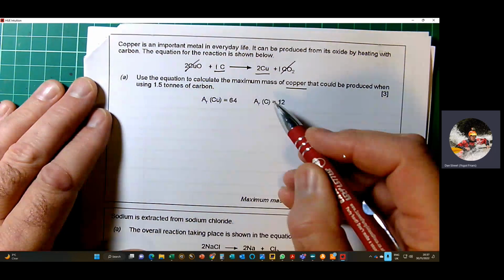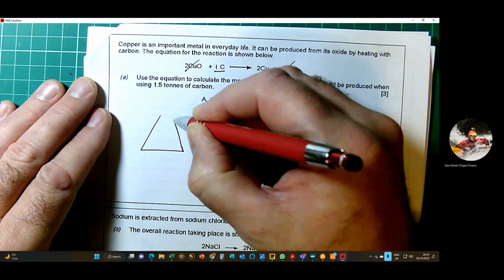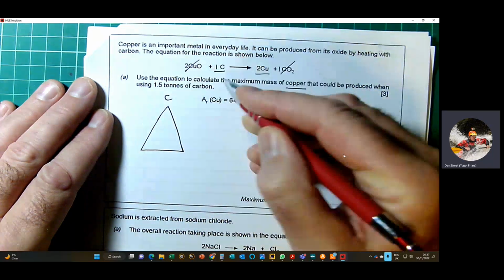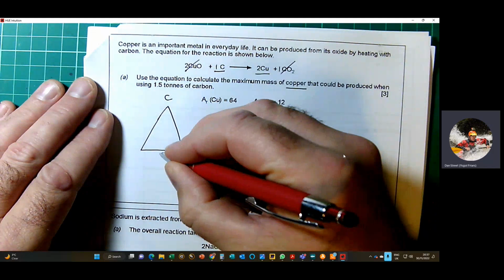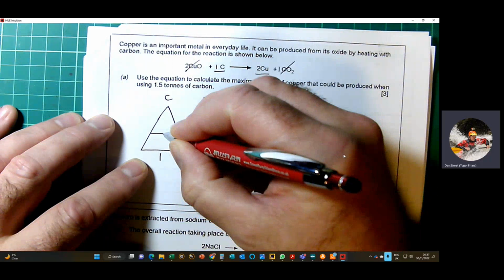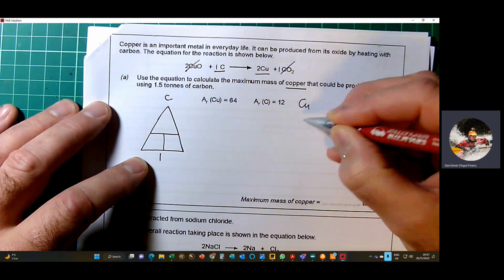Okay, so if we draw our formula triangle, on this side we'll do this one for carbon, and we know from the equation that 1 mole of carbon is involved in this equation, and on the other side we'll put our copper triangle.